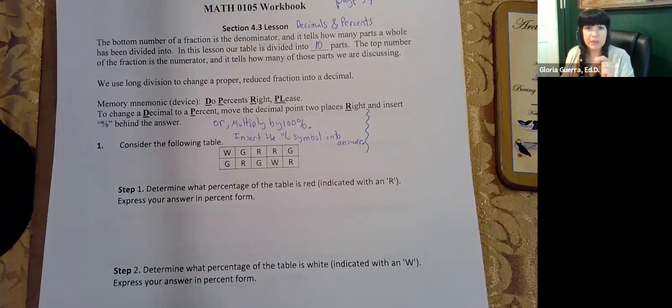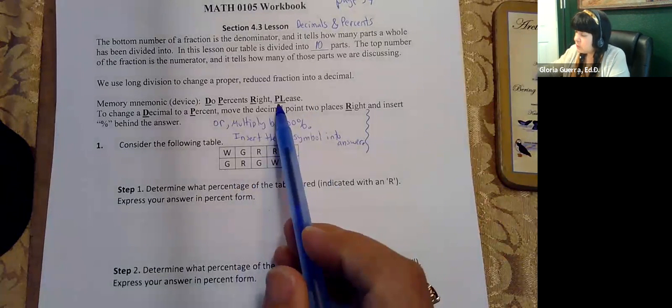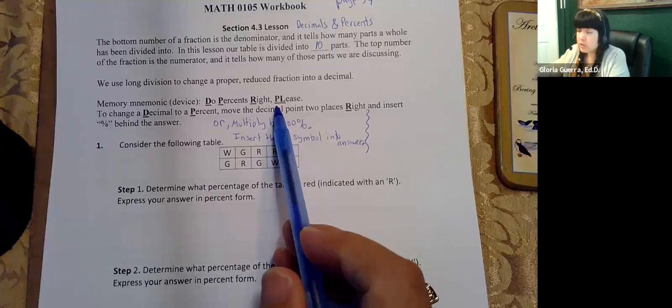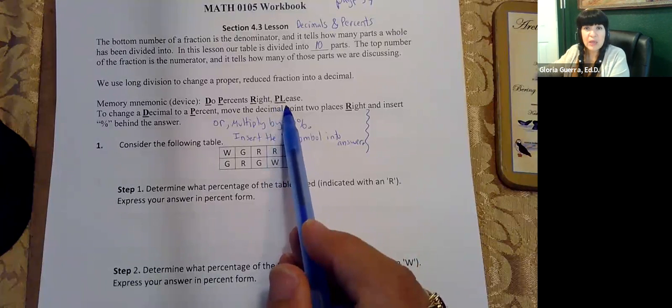Do percents right, please. So the "please" stands for this: if you have a percent and you want to change that percent back to a decimal, then you just move it to the left.